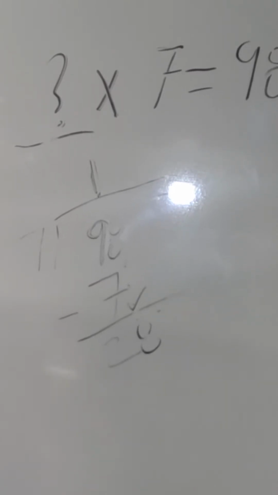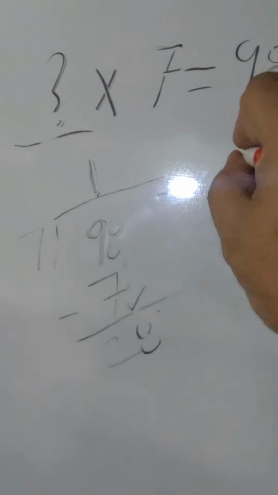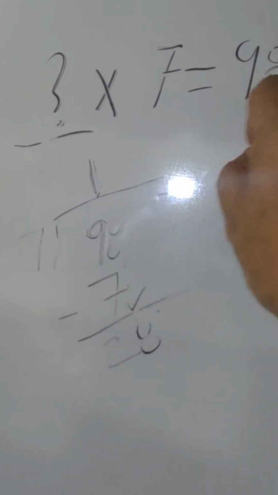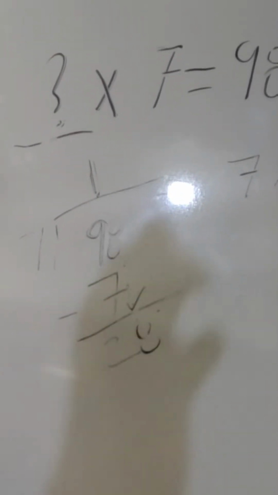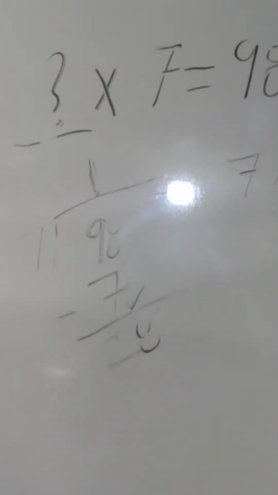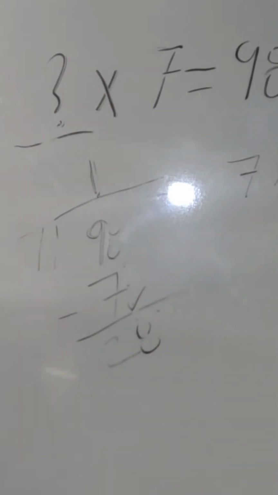Now it gets a little easy. Why? Because now we're looking at what times 7 equals 28, which is what we've been doing. What times 7 equals 28? Let's do the math again.